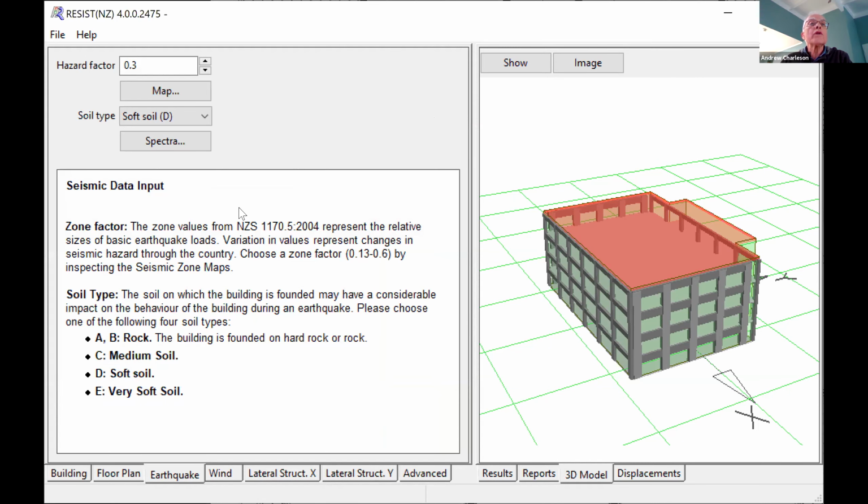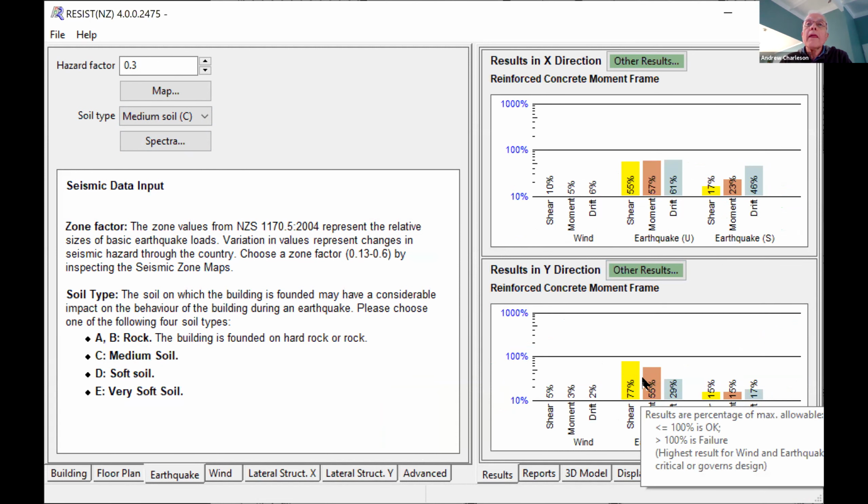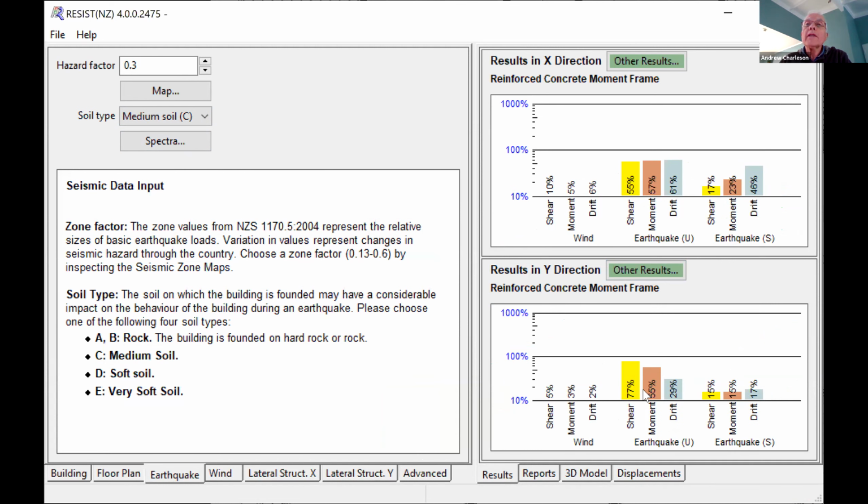the building was on, say, medium soil, I go back to results. Now see how my results are, they are less than 100%. So that means my design is too conservative. I've over-designed.